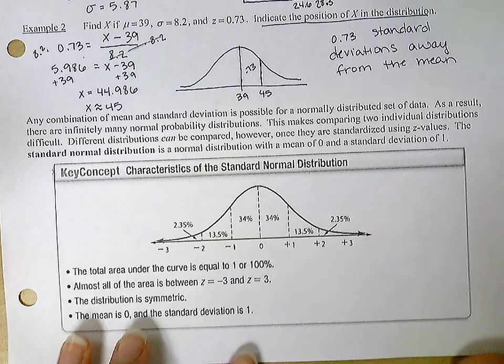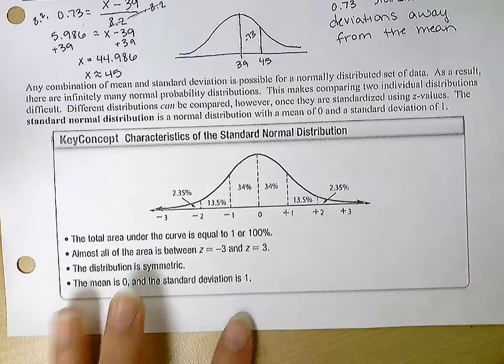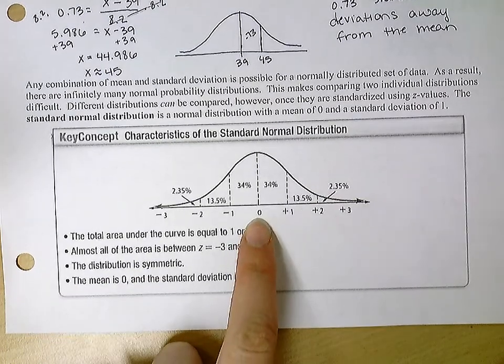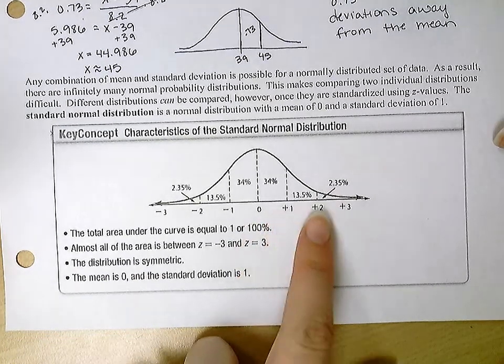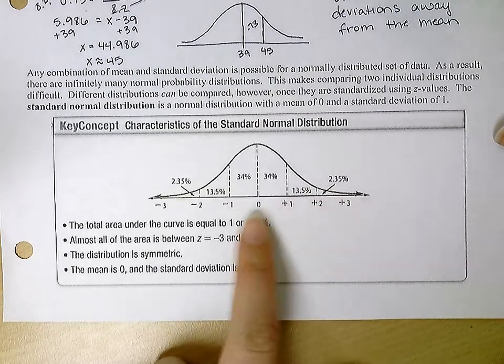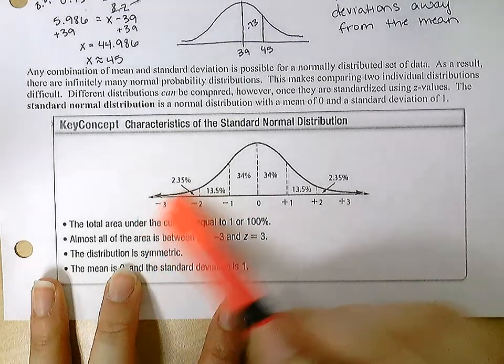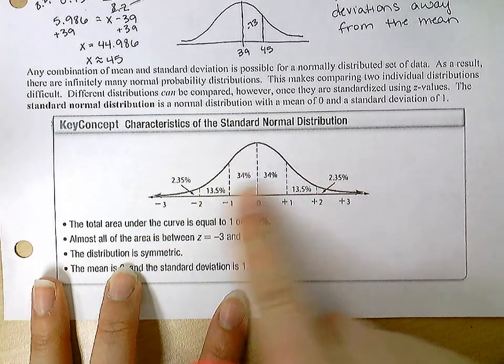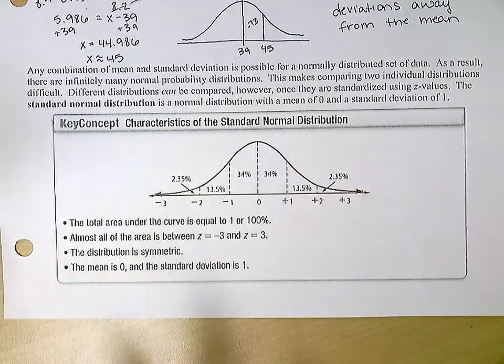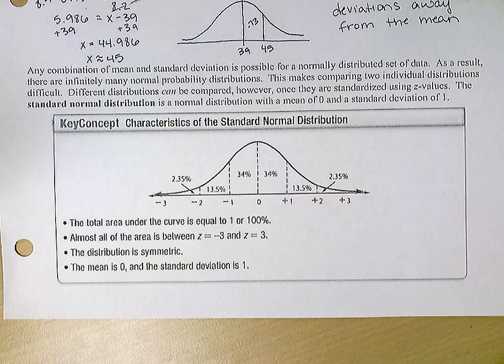So for our standard normal, your mean is going to be 0, and it'll go up by 1 standard deviation or down by 1 standard deviation each time. And you can see we still have that normal curve with our probability percents there. It's just more standard using zeros and ones instead.